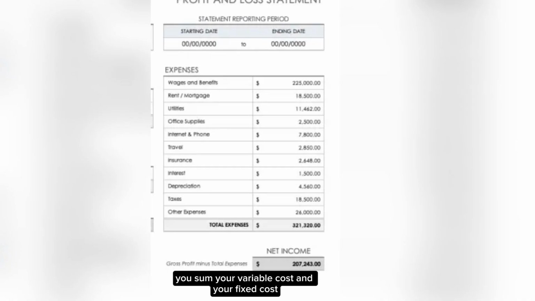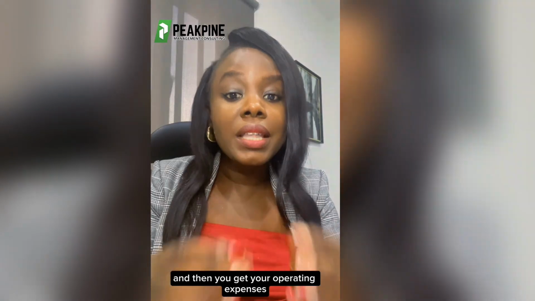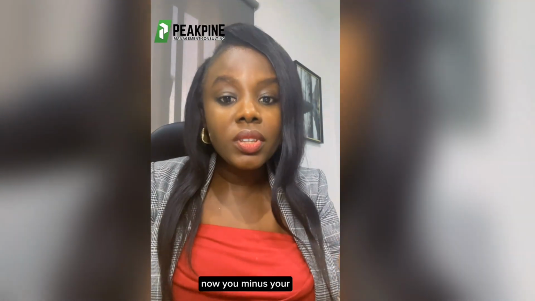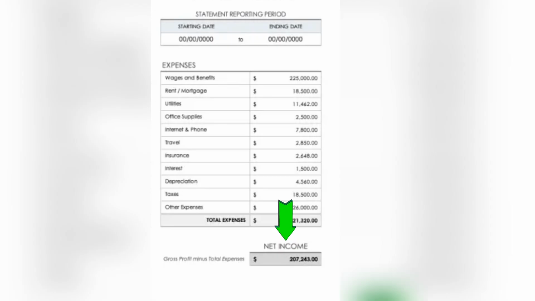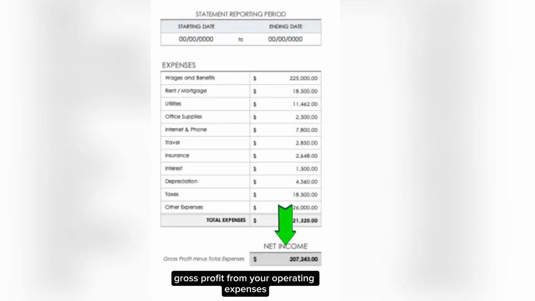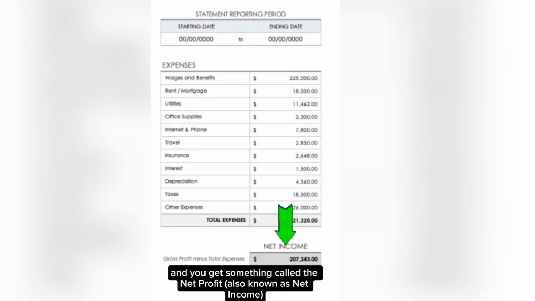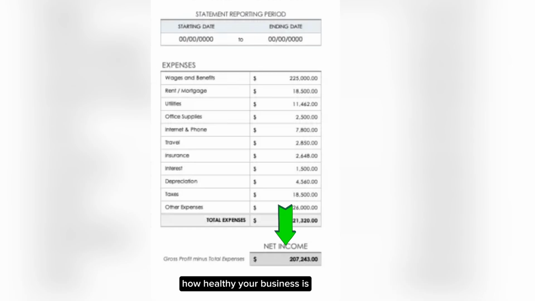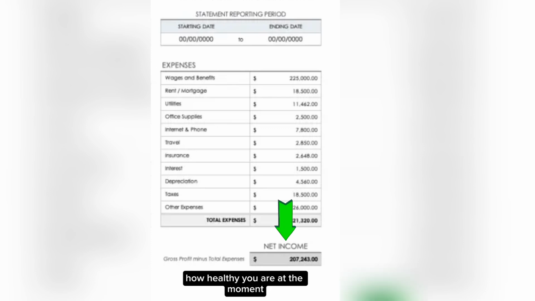You sum your variable costs and your fixed costs, and then you get your operating expenses, which is also called OPEX. Now you subtract your operating expenses from your gross profit, and you get something called the net profit. Your net profit is what will determine how healthy your business is.